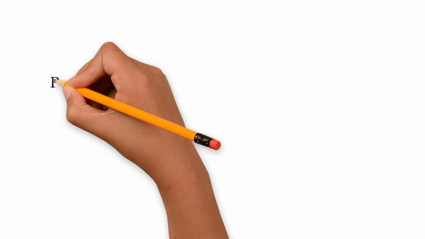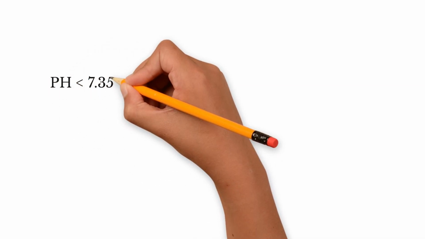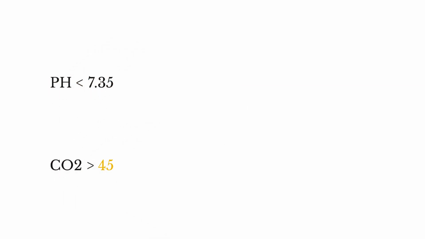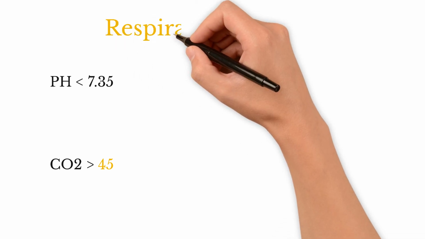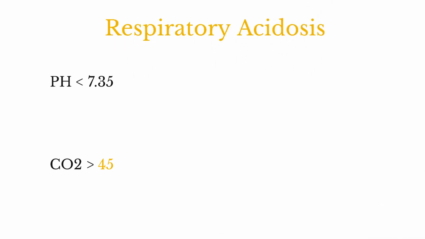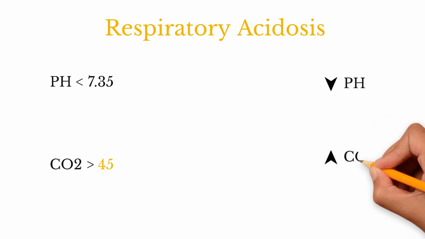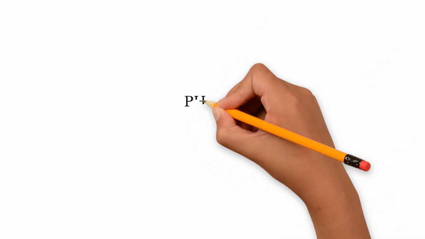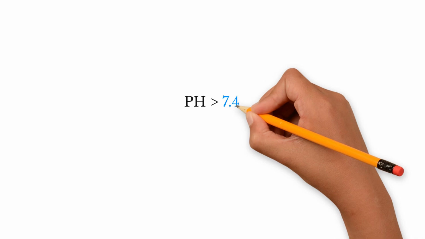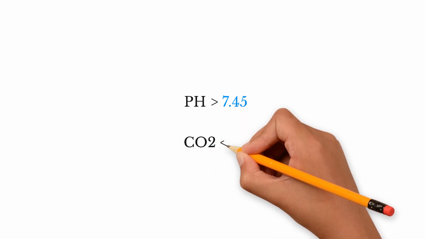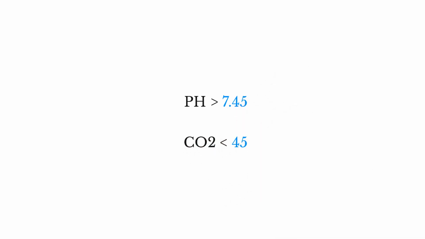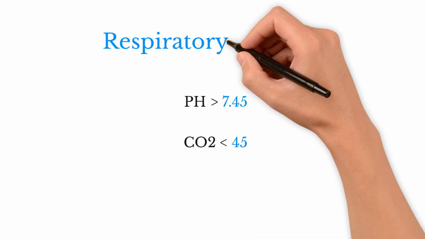Now, let's put this into context. If the pH is less than 7.35 and the CO2 is greater than 45, we have respiratory acidosis, that is, abnormally low pH and abnormally high CO2. But if the pH is greater than 7.45 and the CO2 is less than 45, then we have respiratory alkalosis.